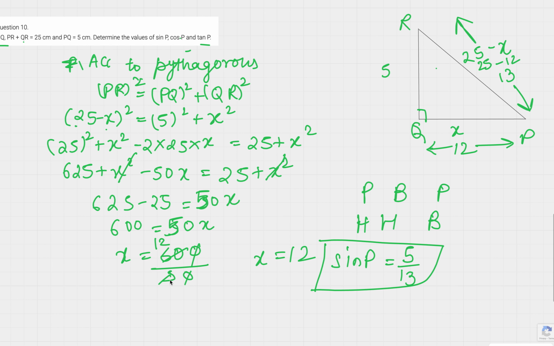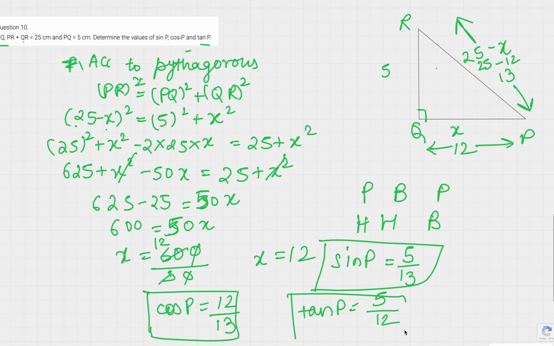Cos P is base by hypotenuse, which is 12 by 13. And tan P is perpendicular by base, which is 5 by 12. This is a very simple question. The main logic is this, so you have to take some time and understand it. If you have any question, you can ask me.